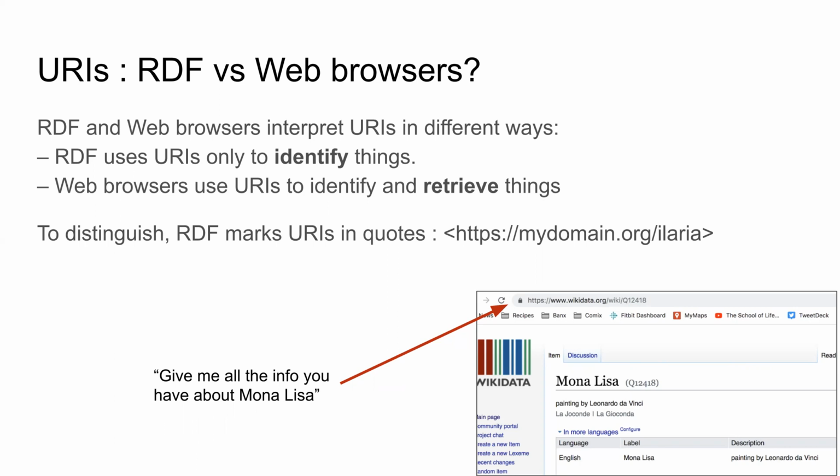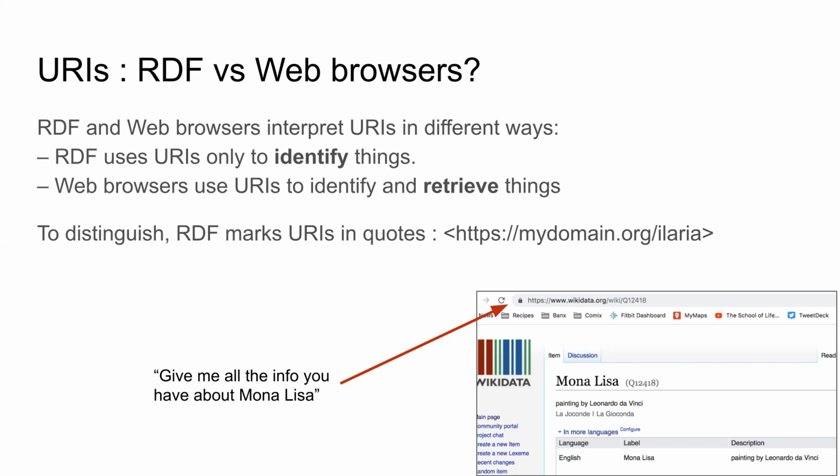RDF and web browsers interpret URIs in different ways. They both use URIs, but they are interpreted differently. With RDF, URIs are only used to identify things, which means that you create a new graph and you use URIs to identify your resources, your properties, and your values, but it doesn't mean that they necessarily exist on the web.